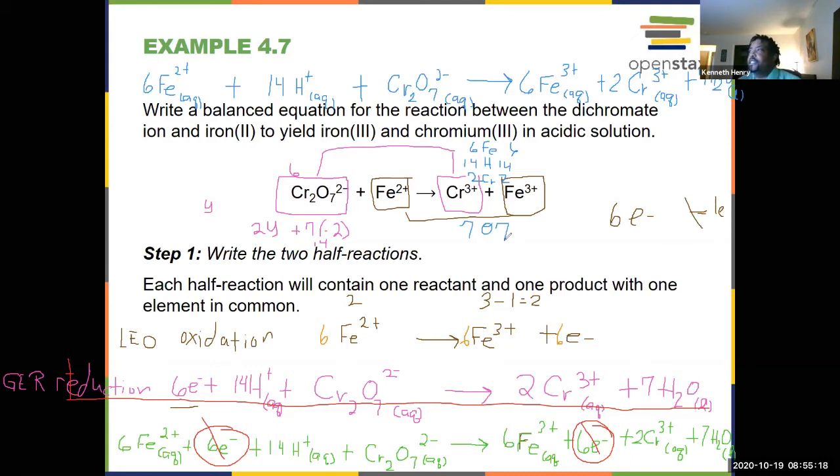Now what about the charges? So what do we have here? We have 6 times 2, which is 12, plus 14, minus 2. Then over here we have 6 times 3, 18, plus 6, plus 14.